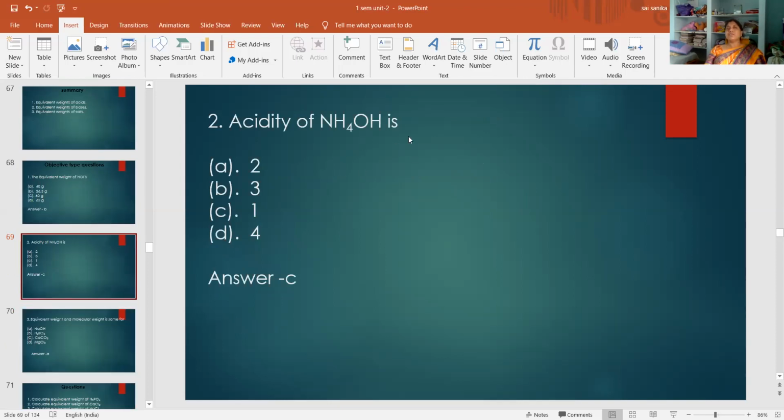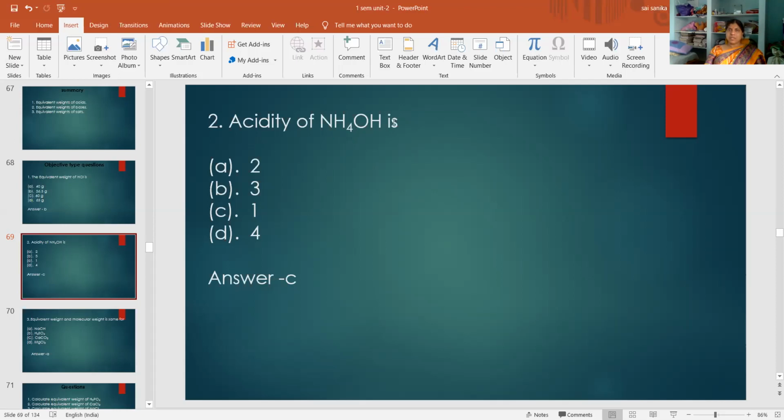Next question: acidity of NH4OH. Acidity means how many OH minus ions it can replace. How does the molecule split? As I already explained, it splits as NH4 plus and OH minus.